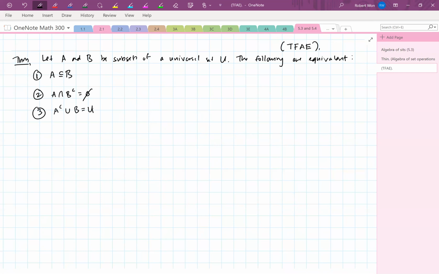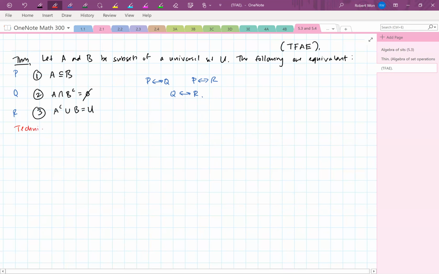So if someone says statements are equivalent, it means, if we call this one P and this one Q and this one R, they mean P if and only if Q, P if and only if R, Q if and only if R. That's what they mean by equivalent. All of these statements imply one another.